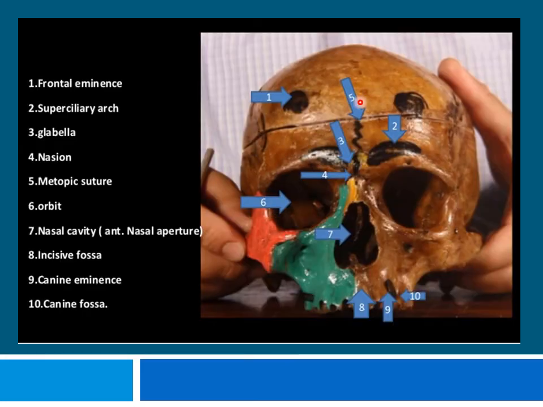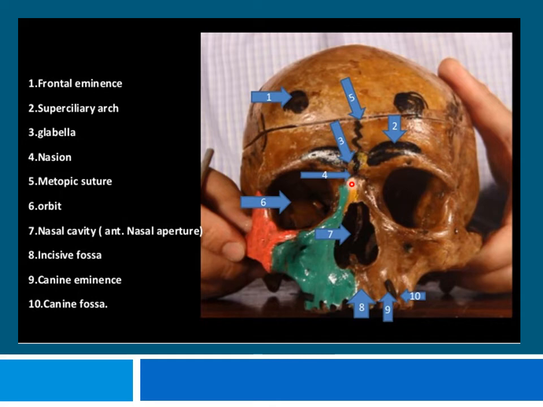So this is the real skull where we can see clearly, number one, the frontal eminences. Number two, we have the superciliary arches. Number three, the smooth area at the meeting of the superciliary arches, which is called the glabella.